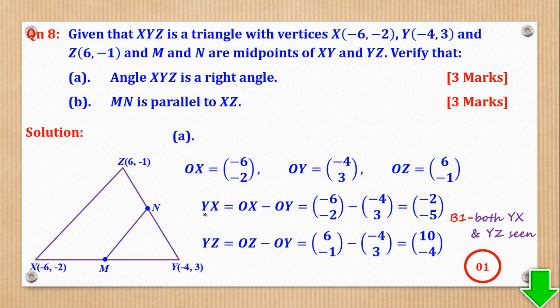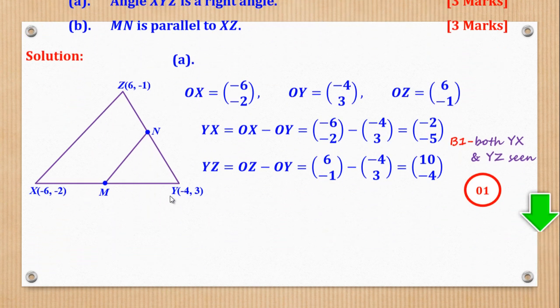So if I use XY and here I use ZY, if I use YX and here I use ZY, it is not okay. The vectors must be either away from a common point or towards a common point. So now that I've got vectors, I'll come and dot.